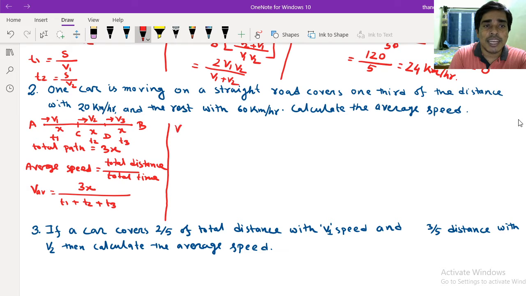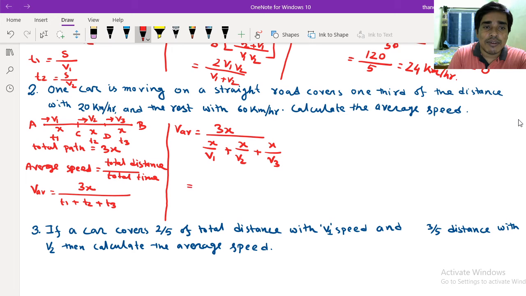Here t1 will be x divided by v1, t2 will be x by v2, and t3 will be x by v3.